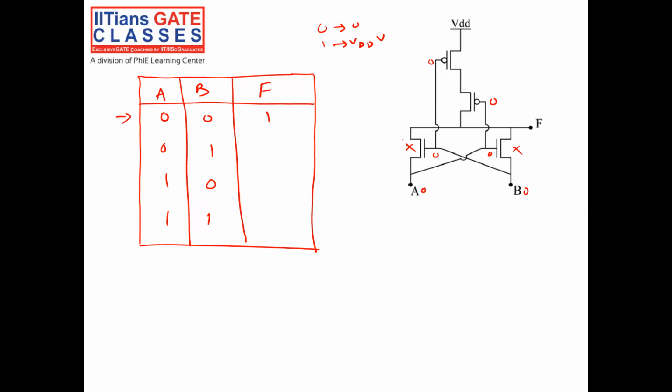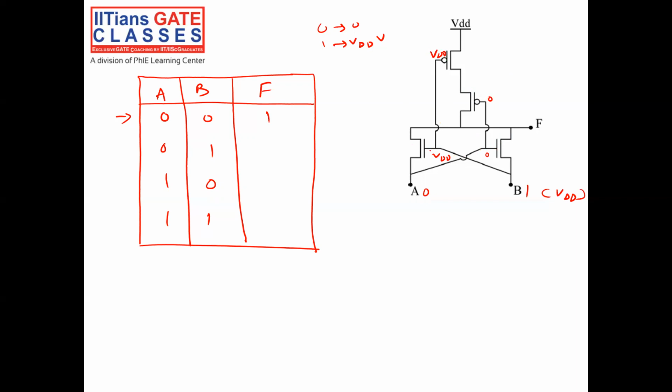Let's take another condition. A is 0, B is equal to 1. 1 means VDD. Since A is 0, this is 0, and this is VDD, and this is also VDD. Since 0 volt is applied to this NMOS, it will be off.